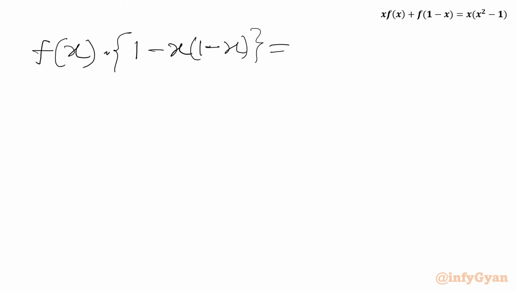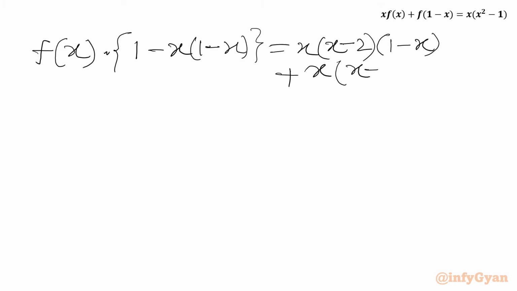In the RHS we will write x times (x minus 2) times (1 minus x). Minus of minus becomes plus, so plus x times (x plus 1) times (x minus 1) whole square.